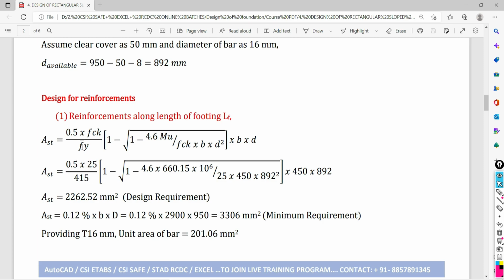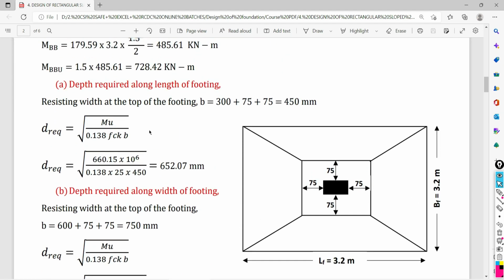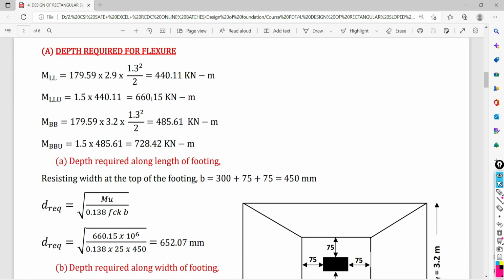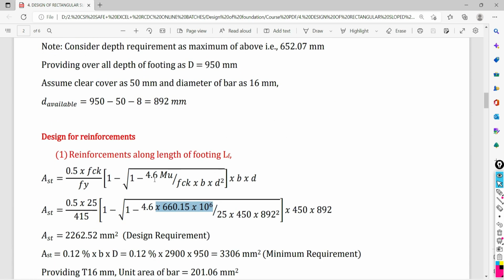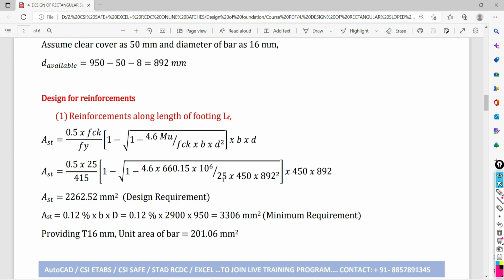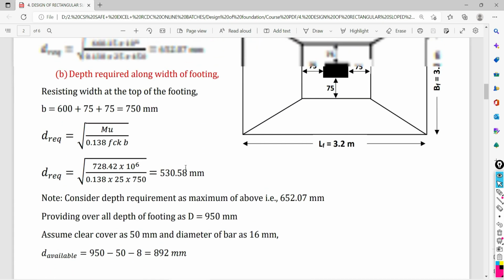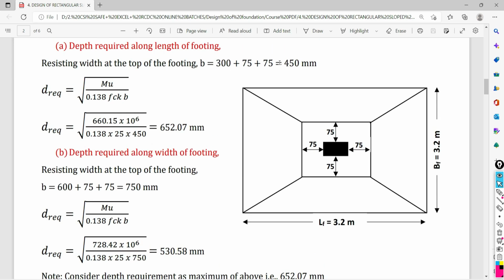FCK is 25, grade of steel is Fe415 and moment along the length, how much the moment is there along the length? So along the length the ultimate moment is 660.15 kilonewton meter. Don't forget that. So here I am going to put that, divide by 25. This width, how much width is available at the top? So the width here we have calculated as 450 along the length.